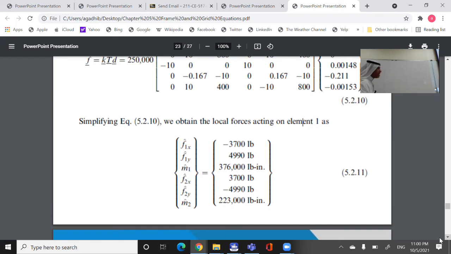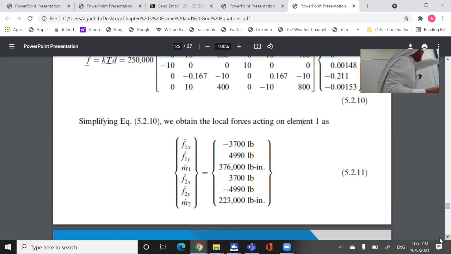How much is that? 4990. Okay, and then the moment, 376,000. Is it clockwise or counterclockwise? Counter, like this. 376 and zeros. Yes. And then okay, go to the other end because I want to see if it's in equilibrium.